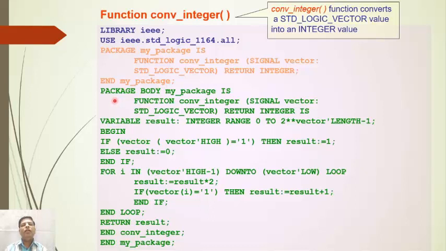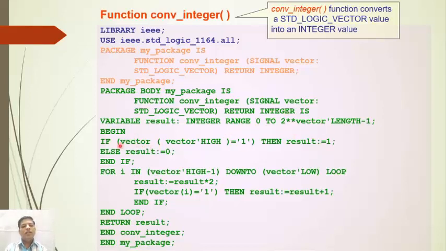Then package body my_package is function convert_integer (signal vector: std_logic_vector) return integer is variable result: integer range 0 to 2**vector'length minus 1. Here we have declared the variable result, an integer range from 0 to 2.